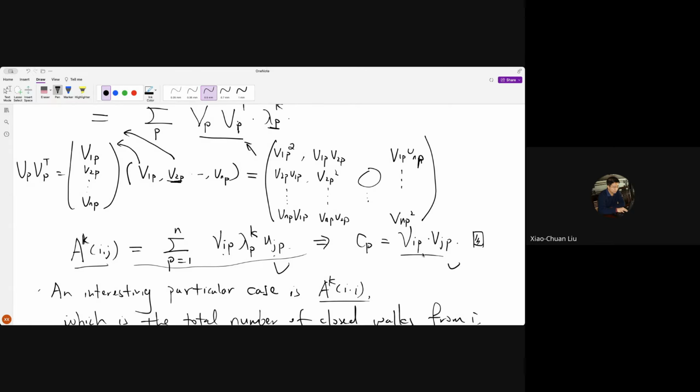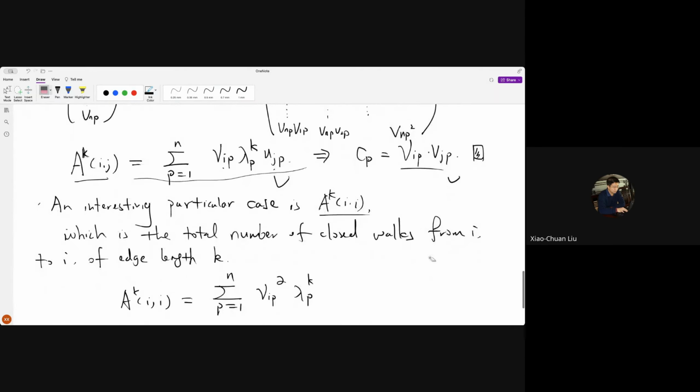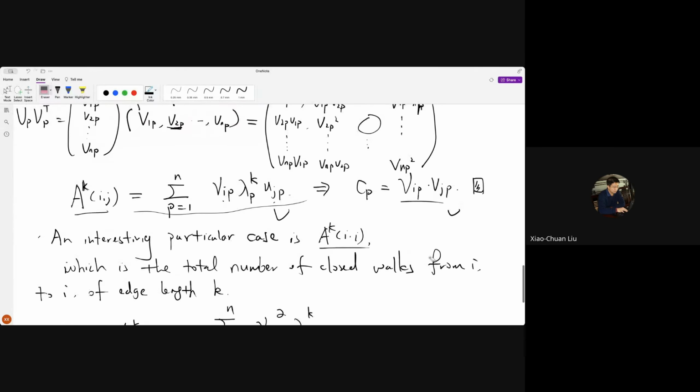So eventually this should be a sum for all p here. Each cp is a number like this.